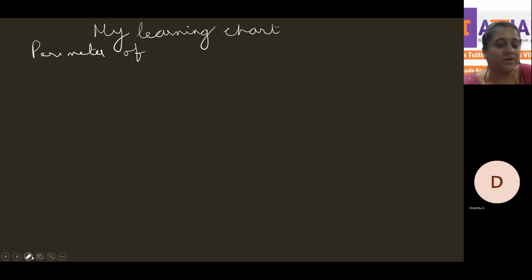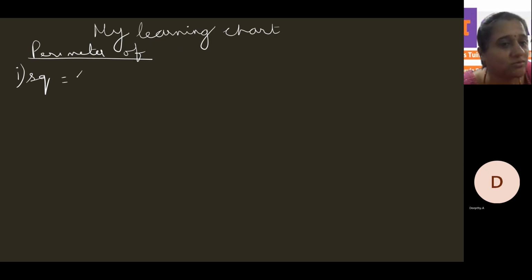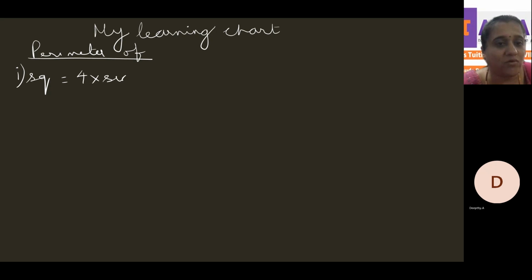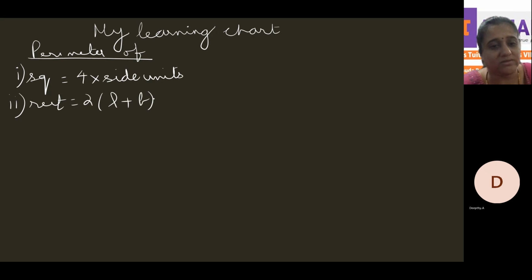One minute, I'll just write the formula also. What's the perimeter of a square? 4 into side units. What about rectangle? 2 into L plus B units.